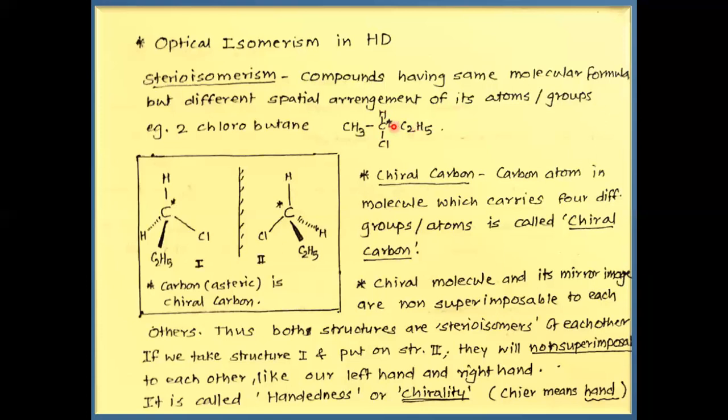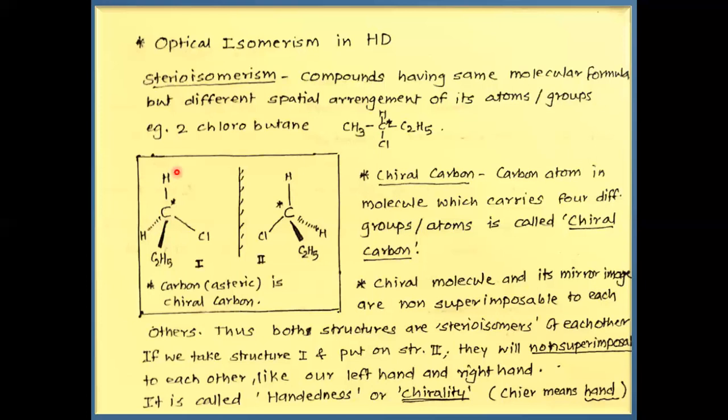Now in this structural formula, this carbon is sp3 hybridized, and as it is sp3 hybridized, it has tetrahedral geometry.